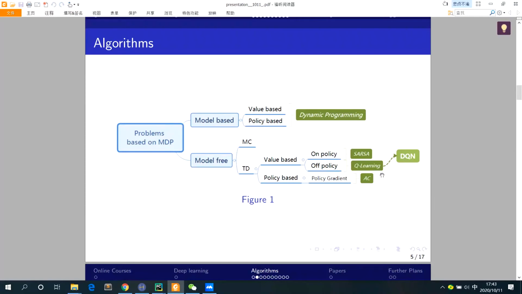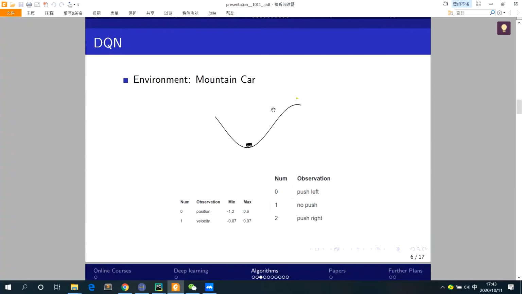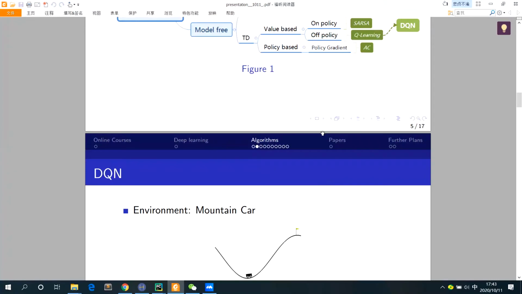Here is the Deep Q network. Sorry, and also the policy function, right? Not only a Q function, policy as well, right? You mean? We approximate the value function and policy function. Value function.